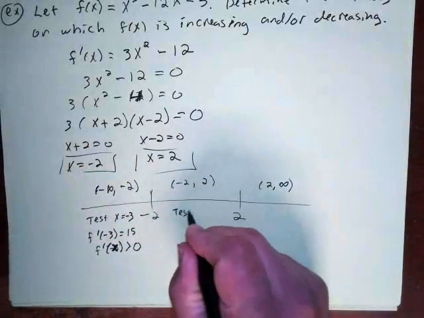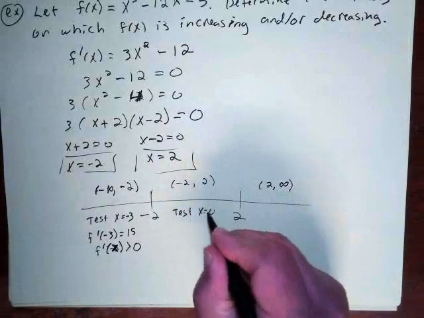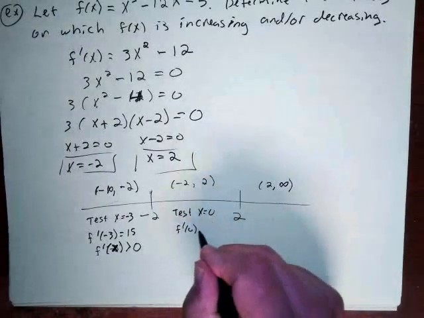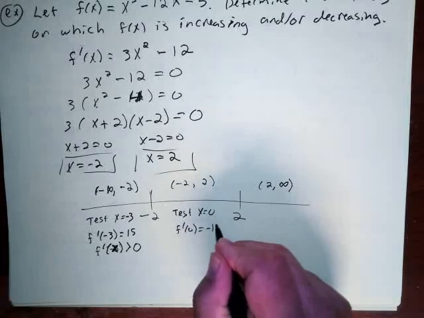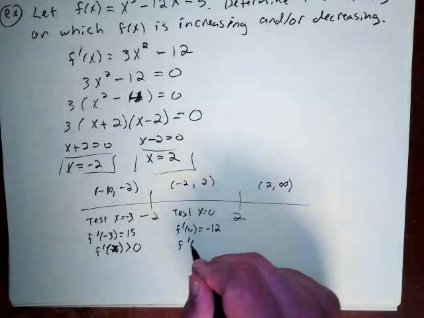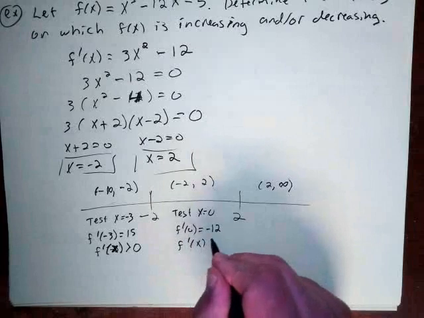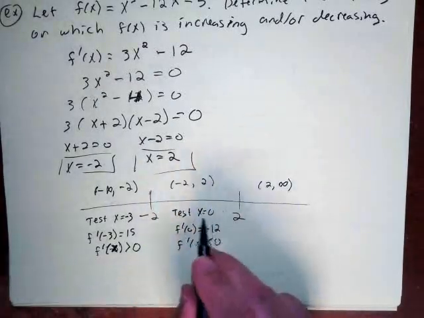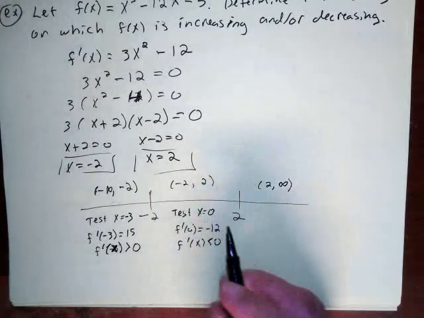So let's pick a test point here. I would just pick 0. That's easiest. Then f prime of 0 is negative 12, and so I get f prime of x less than 0. It's pick one value, and you can pick the easiest value like I did in this case.